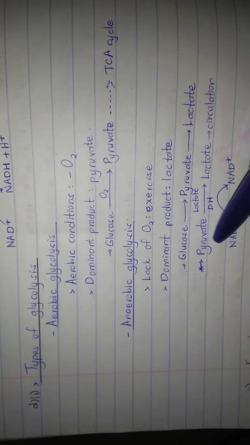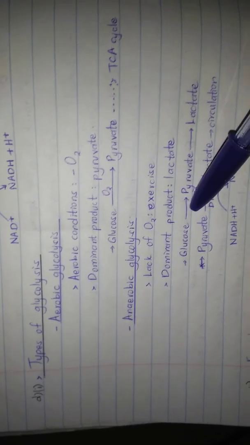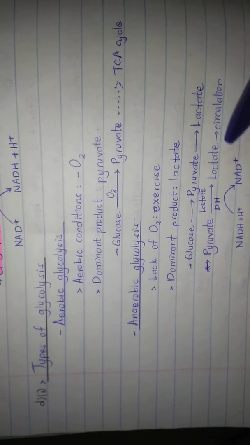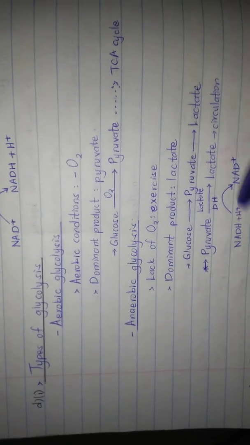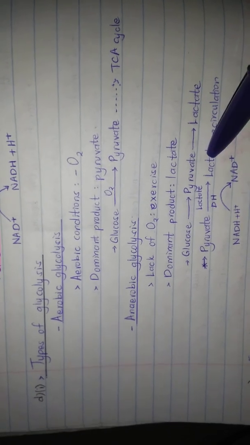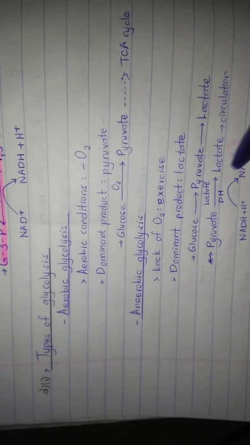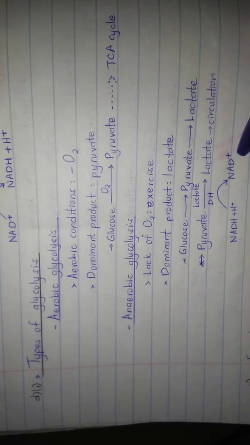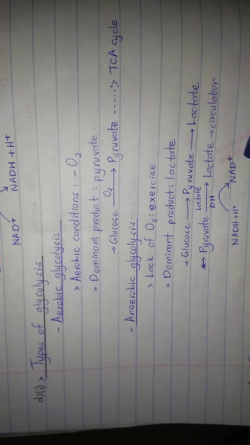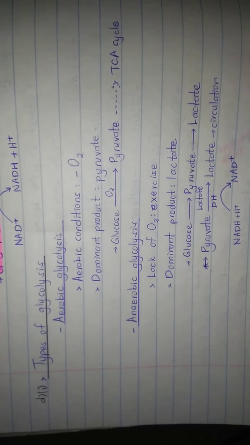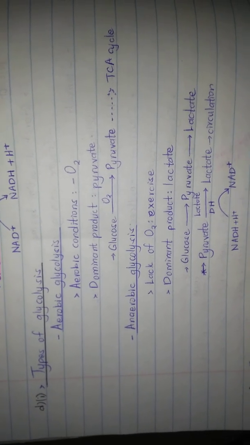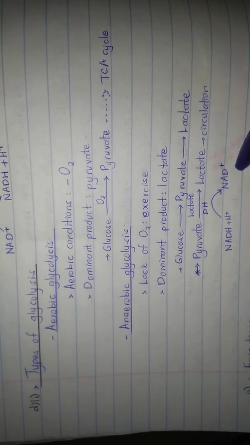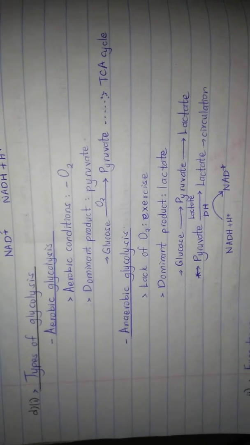Pyruvate is converted to lactate using the enzyme lactate dehydrogenase, and then lactate goes into circulation, and this process of pyruvate to lactate is going to oxidize NADH and give us NAD plus. What's the use of NAD plus? We've not talked about it yet, but this NAD plus is going to be useful, and we're going to see that very soon.